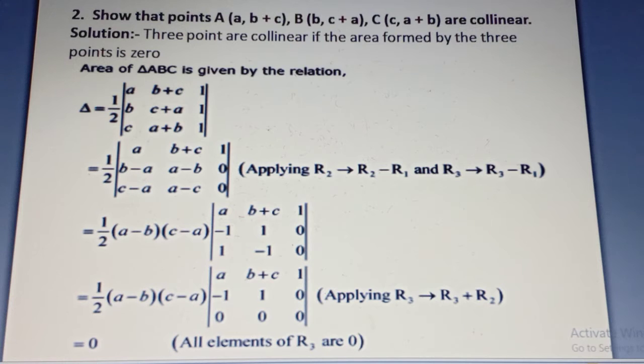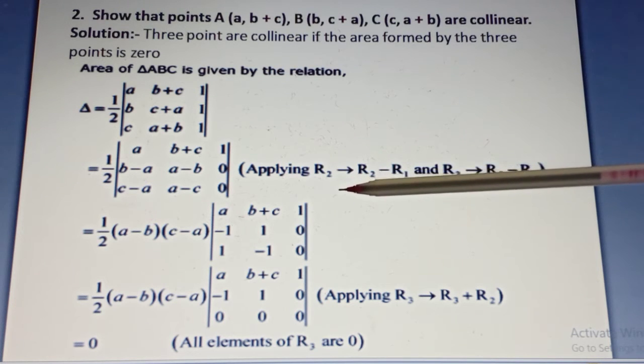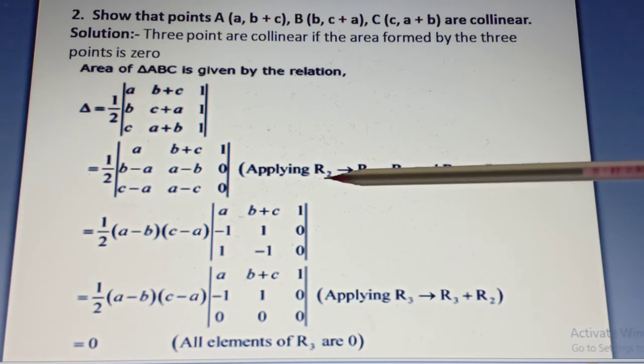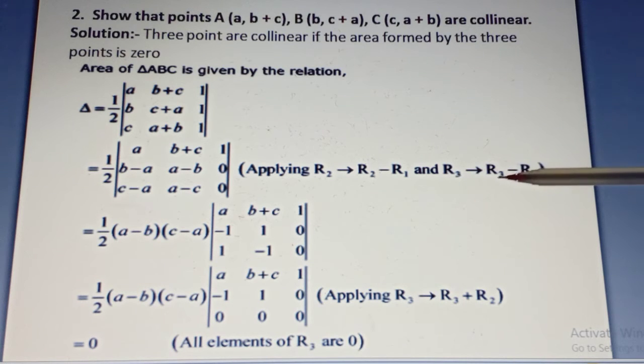So students, here we can apply some properties of determinant so that you can reduce its numbers, and we can easily expand and get the values. So what we have done is apply R2 changing to R2 minus R1, and R3 changing to R3 minus R1, keeping R1 fixed.